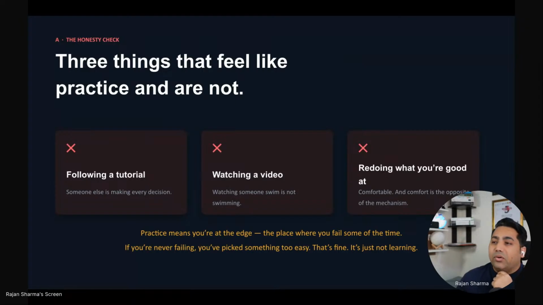Imagine you go and look for a tutorial which explains exactly the problem you are solving. Following a tutorial is not the practice that you really need.